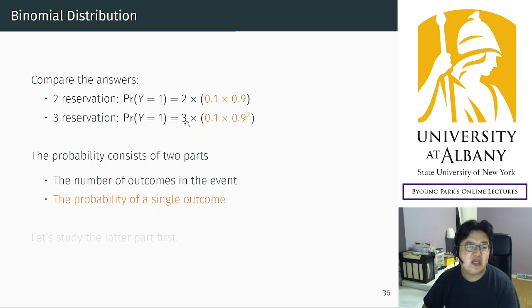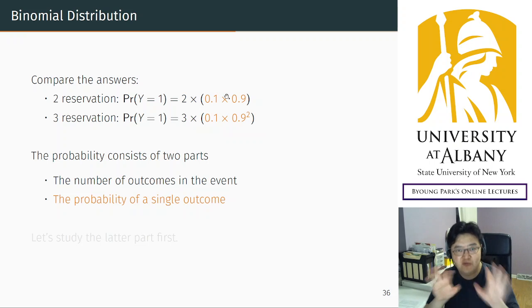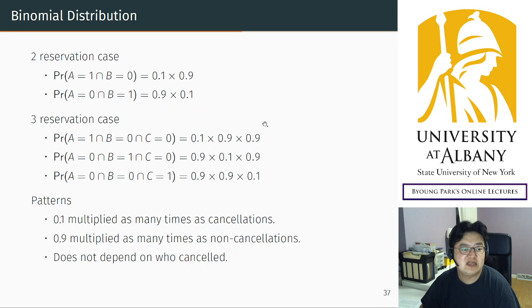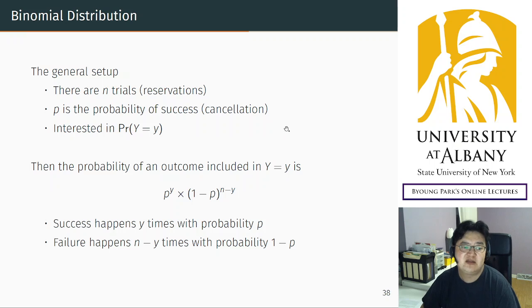So we can consider these two parts separately. The second part is easier because it is easier to understand. The idea is you multiply the probability of success as many times as the number of successes, and multiply the probability of failure as many times as the number of failures.